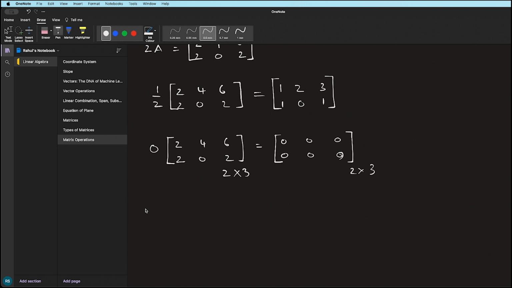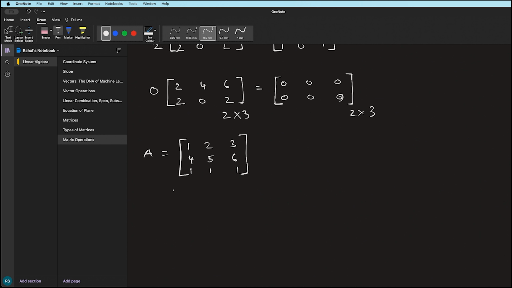So suppose I want to add a scalar value with a matrix. Suppose this is the matrix A that is denoted by 1, 2, 3, 4, 5, 6, 1, 1, 1. I want to add a scalar value to the matrix A, that is 2 plus A. So I will be adding 2 with all the elements of the matrix.